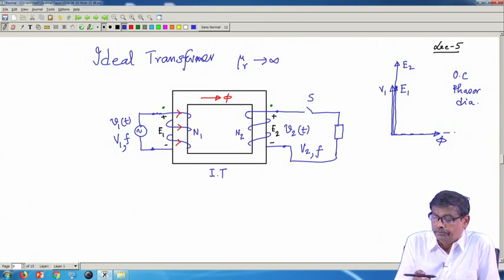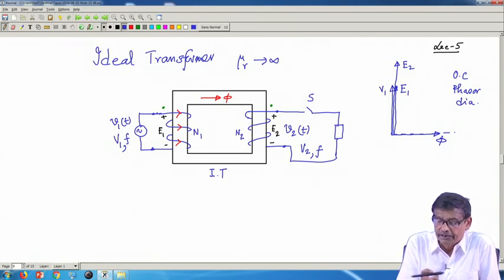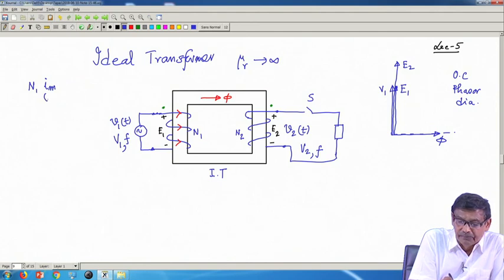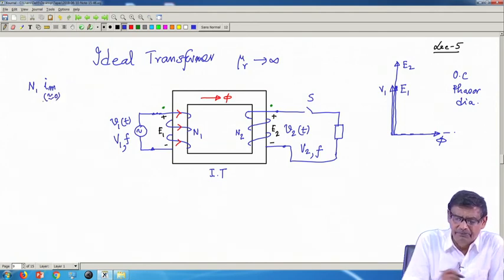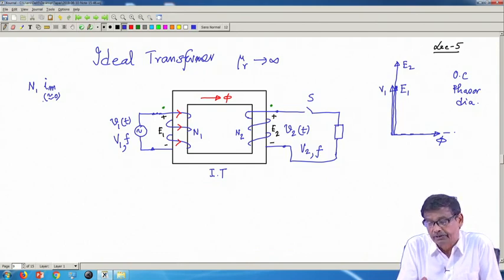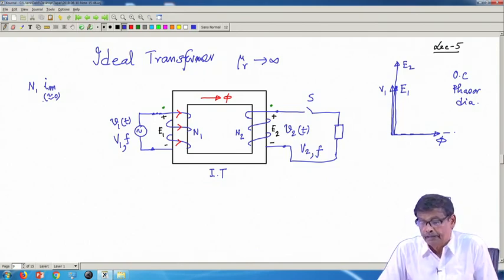Then I told you, to establish this flux phi, the MMF necessary was N1 into Im, which is vanishingly small. Okay, let it be there, but that MMF was necessary to establish this flux.